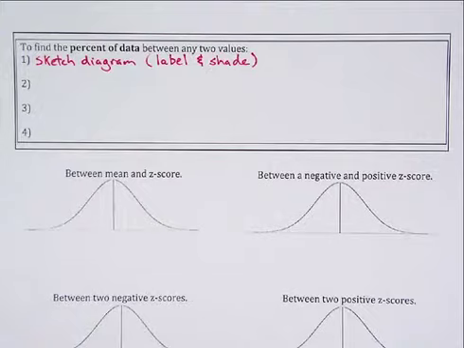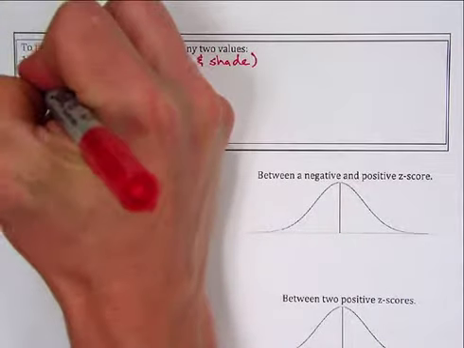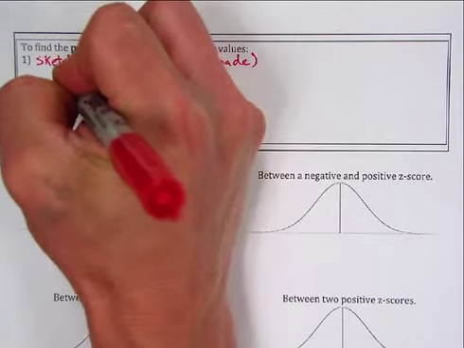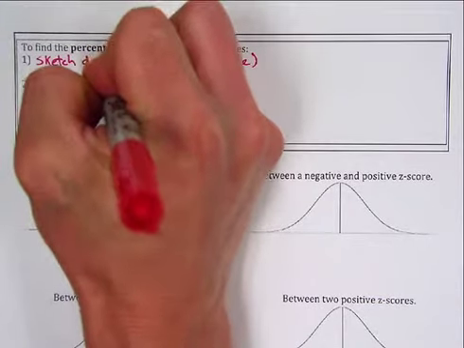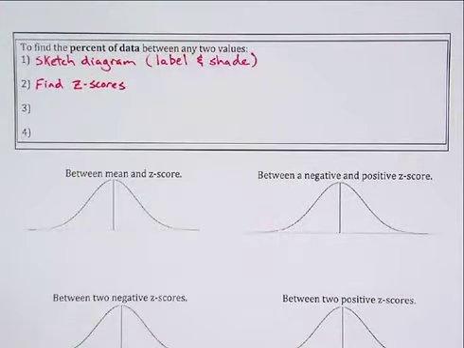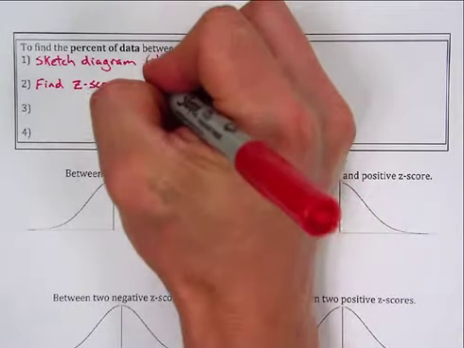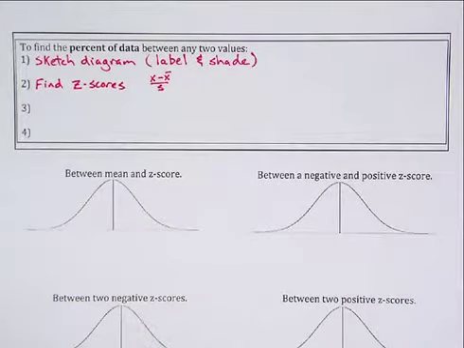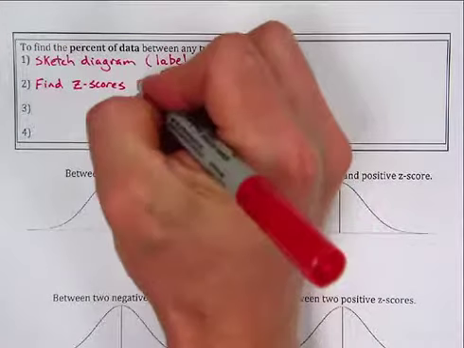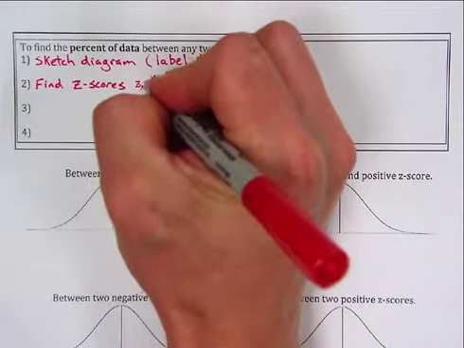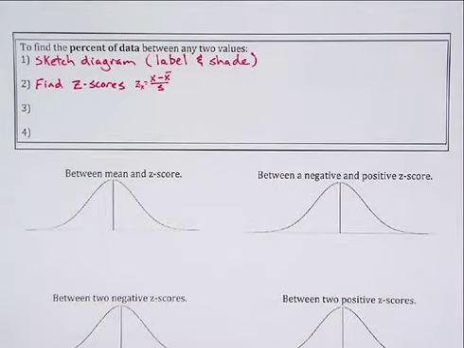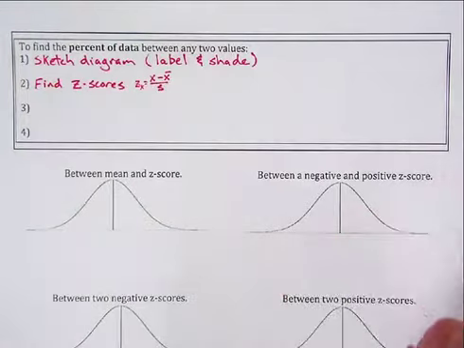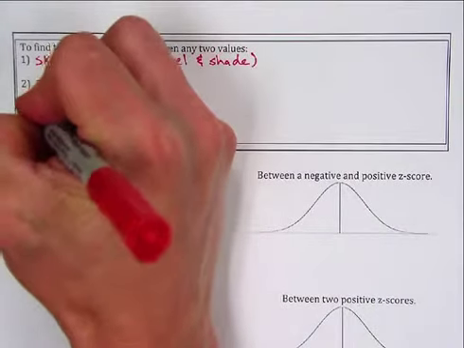Now number 2, by hand, you want to find the z-scores. Okay, remember that's x minus x bar over your standard deviation. Number 3, you want to find the areas that correspond with the z-scores. So you're going to use that table.